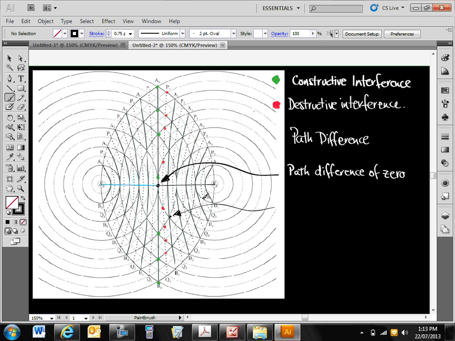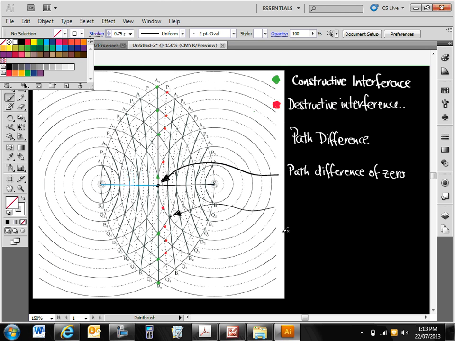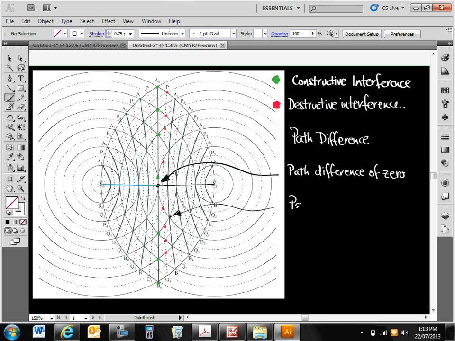Watch what I do here. 1 crest, 2 crests, 3 crests from source 1. 1 crest, 2 crests, 3 crests, 4 crests. What's the path difference? 1 wavelength. Very good. Path difference of 1 wavelength.